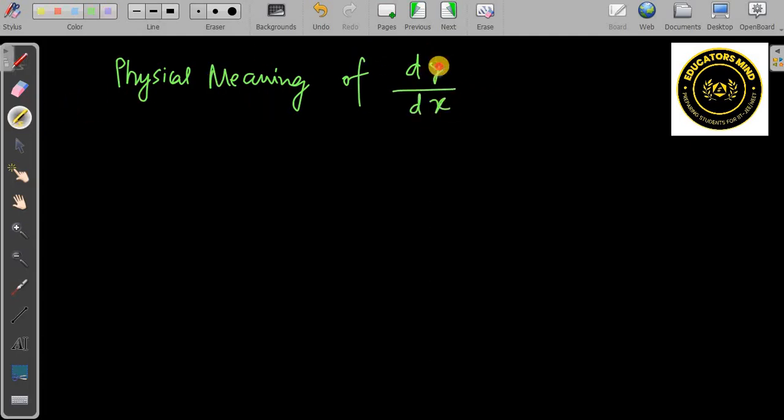What is the meaning of dy by dx? Here y is the function. Various types of functions can be there, that we'll separately discuss, but we will first understand the physical meaning of dy by dx. So what is physical meaning? That means its interpretation in physics. What is the understanding about it?